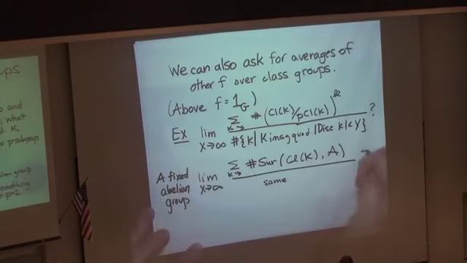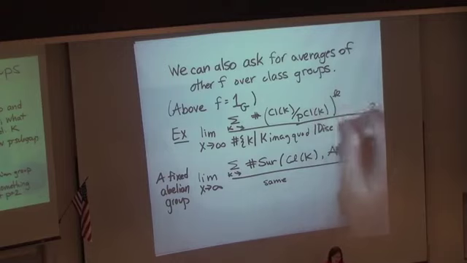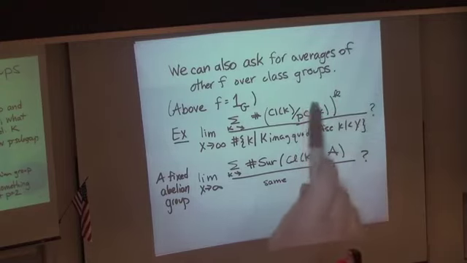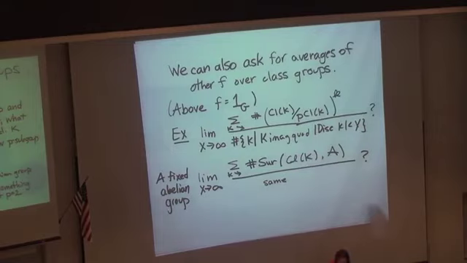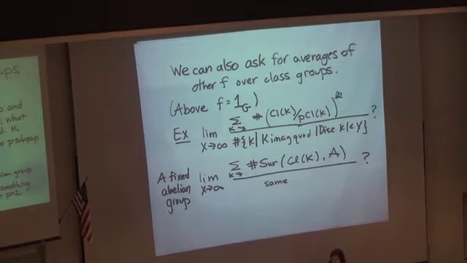That's another function of groups that I could average over class groups. How many surjections does it have to A? And there's an exercise in the notes about relating these for some examples. So this question is actually related to this question, just by some finite abelian group theory.